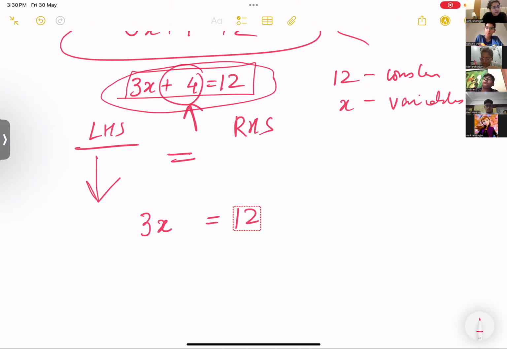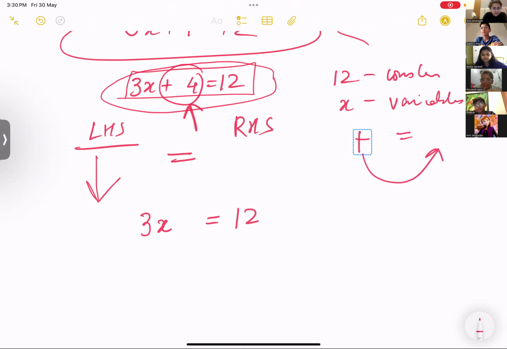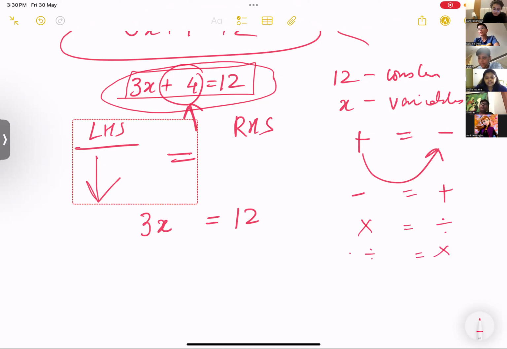Sign reversal. Do you know sign reversal? Yes, ma'am. Anything plus, if we move it on the right hand side, becomes opposite. Minus. Minus will become plus. Multiplication will become division. Division will become multiplication.